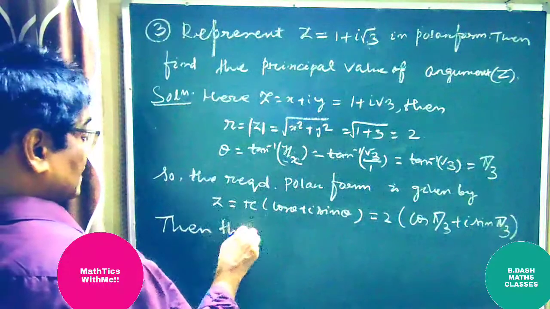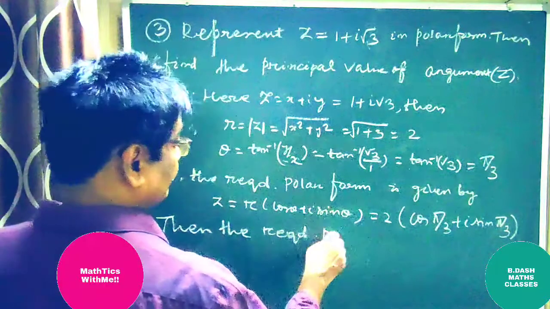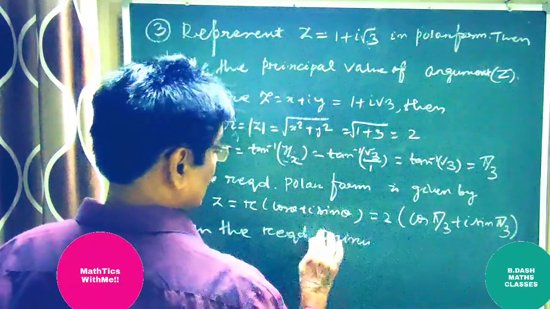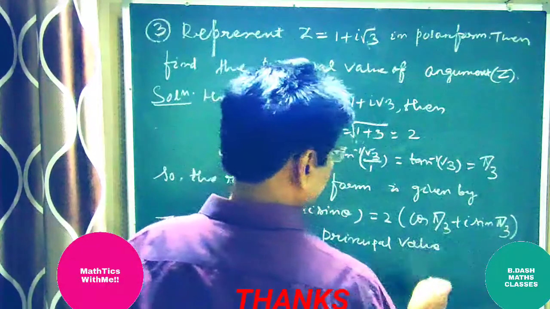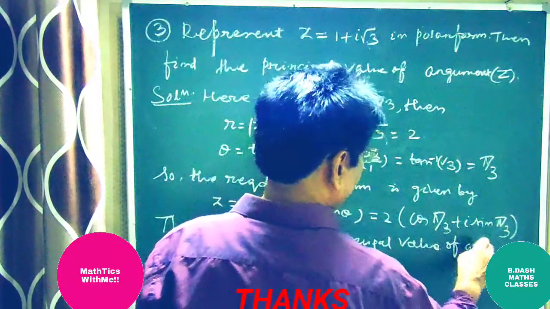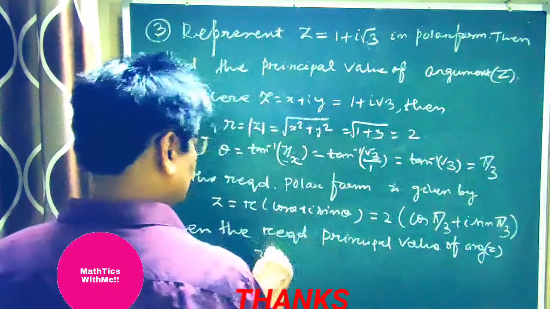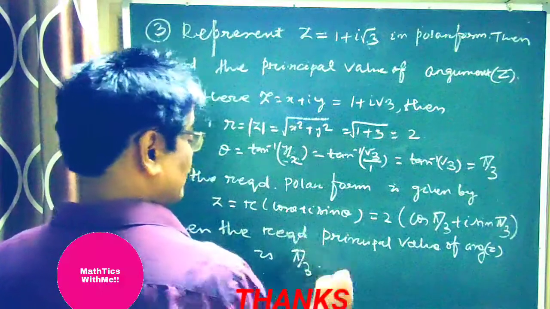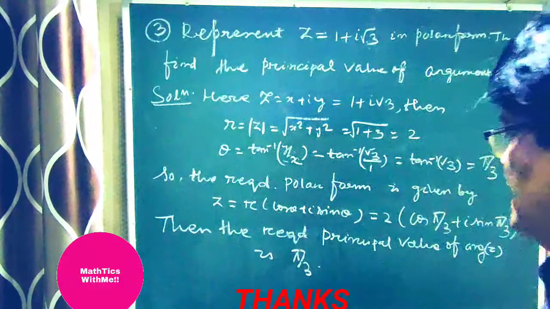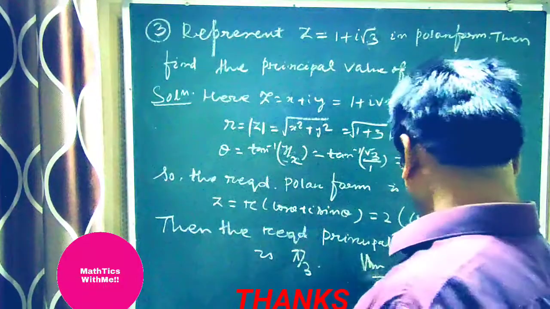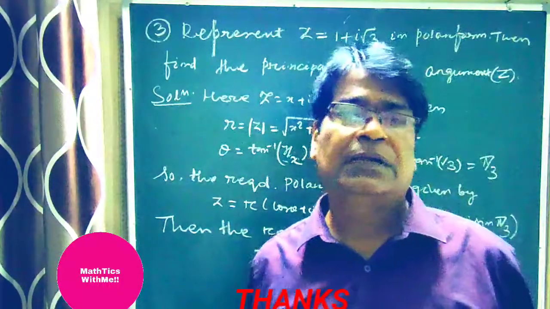Then the required principal value of argument of z is equal to pi by 3, which lies between minus pi to pi. So that is the answer.